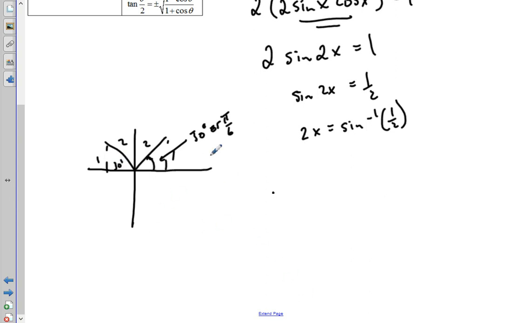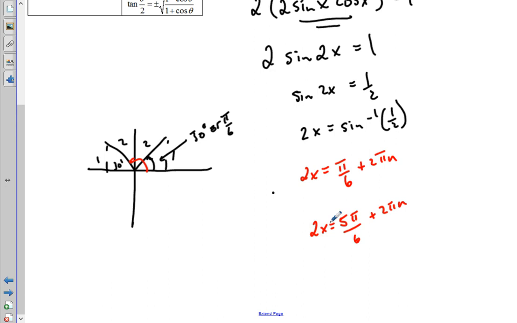And so we're going to have a solution of 2x equals pi over 6 plus 2 pi n. And then over here, we're going to have 2x equals 5 pi over 6, because that's the one in the second quadrant that we need, plus 2 pi n.